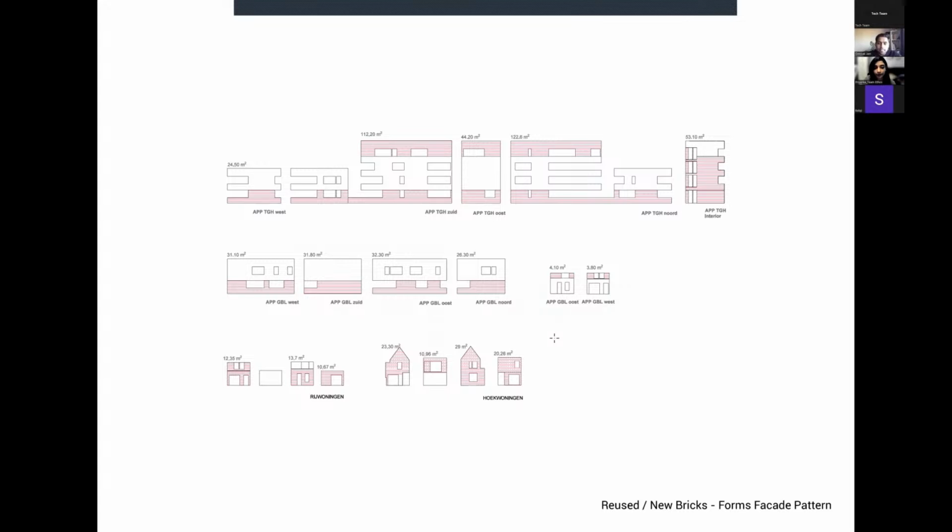So the facade of this new construction was formed from the reused and the new bricks, which in a way gives a new meaning to the old recuperated bricks, while keeping the essence of the site in the new construction. So this brings me to the end of my presentation. Thank you.